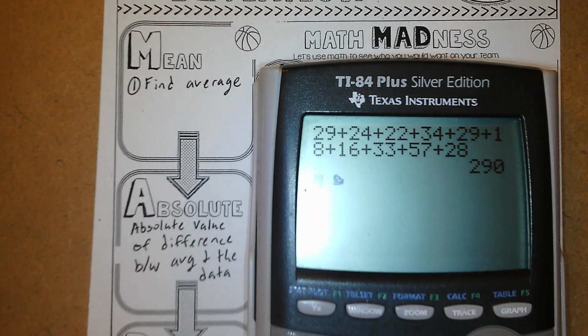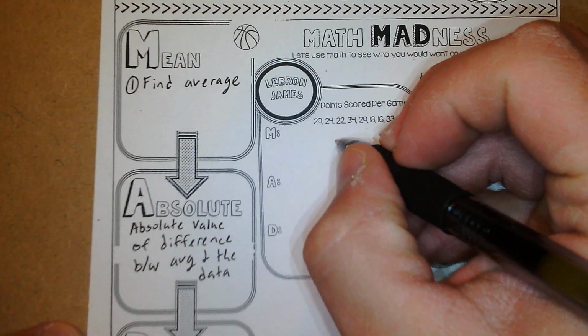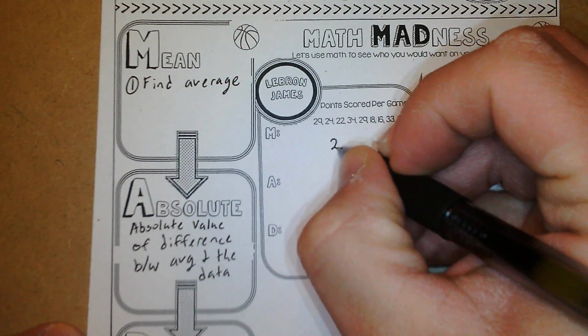That is 10 sets of data, so we divide by 10. I end up getting 29. So he scores 29 points per game on average.